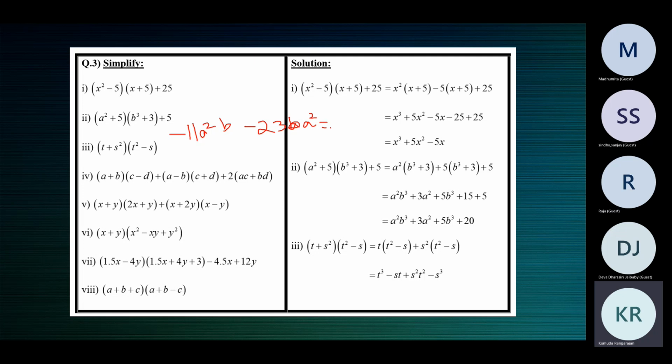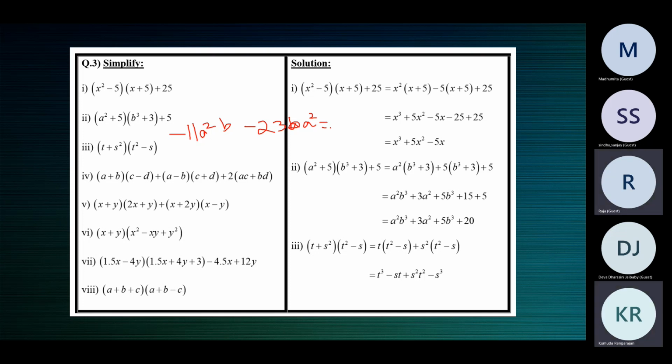Are they like terms? No, ma'am. Read the letters. 11a square b minus 23ba square. Read only the literal factors. A square b, ba square. Read ba square from behind.